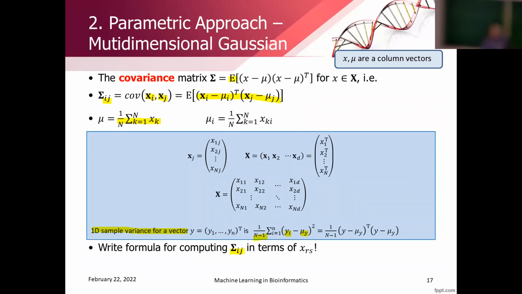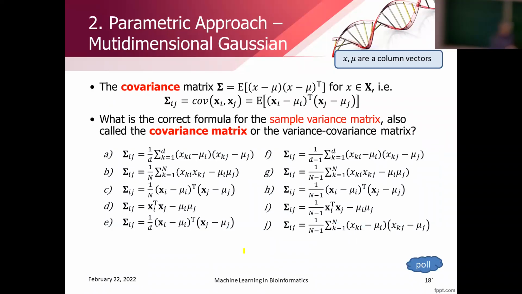I have prepared a task for you. I have written some candidate formulas, and I would like you to say which formula is correct. At the top of the slide, the formula from the previous slide is repeated.